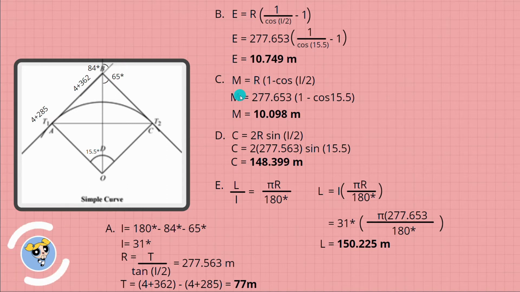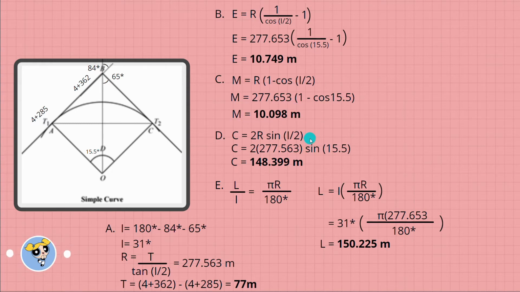For the middle ordinate, we have the corresponding formula M is equal to R multiplied by 1 minus cosine of I over 2. Substituting the values, R, or 277.563, multiplied by 1 minus cosine of 15.5. So our middle ordinate is 10.098 meters.